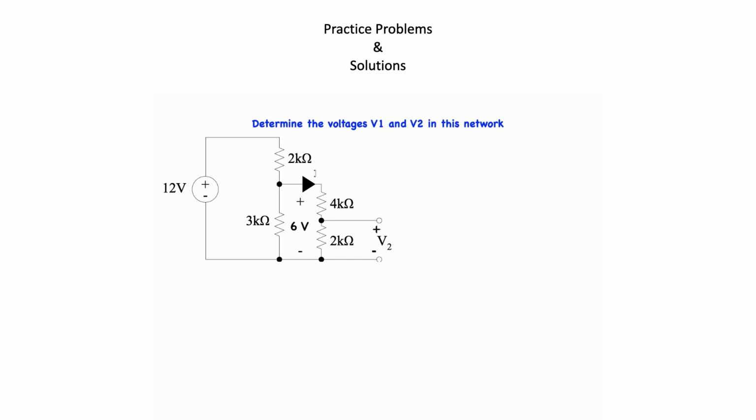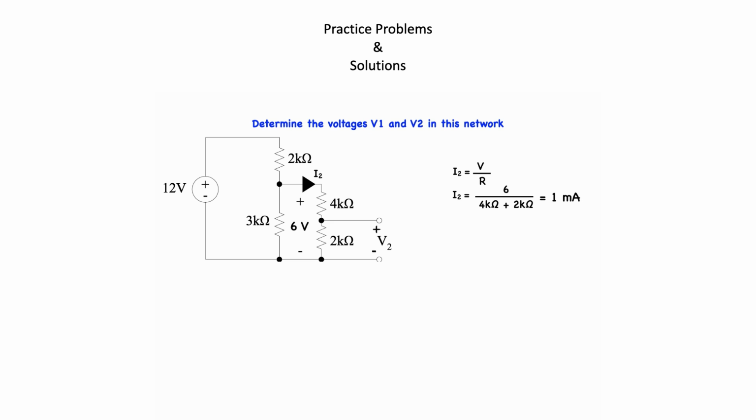Since we also know the voltage drop across the 4 and the 2 k ohm series resistors, we can use Ohm's law to calculate the current through these resistors, which is 6 divided by the quantity 4 plus 2, which is equal to 1 milliamp.